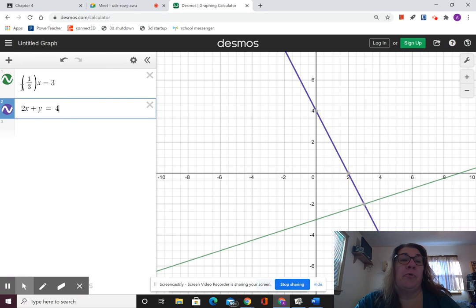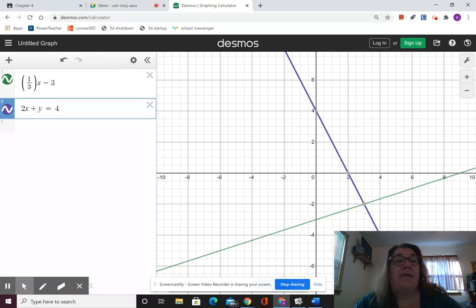But the point is you can either type in the line if it's already set y equals, you can just type it in without the y. If you have it where it's not set equal to y yet, you can just type it in with the y in there, and it will graph it for you. You don't even have to solve it for y.